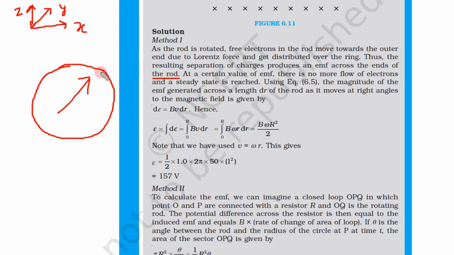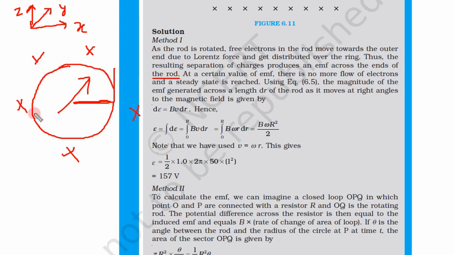Now let us see what is happening. This is the direction of the magnetic field, that means inside the plane of paper. Now let us take the rod to be here. What is the direction of velocity?